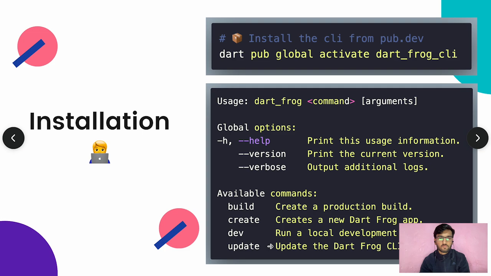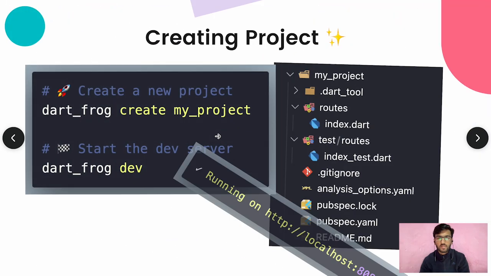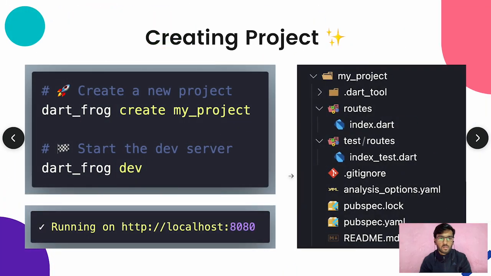After installation, to create a new project, we just have to type dart_frog create and the name of the project, and it will generate a brand new project in our directory. We will see this type of project structure is generated when we type this command. It generates an index.dart file inside the routes folder, some text files and some linting files, and the pubspec.yaml file.